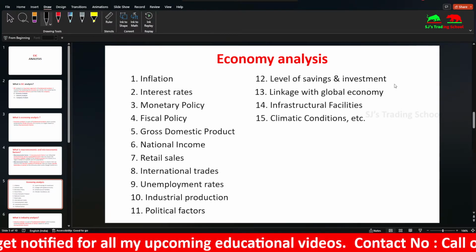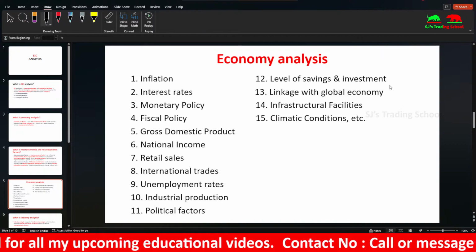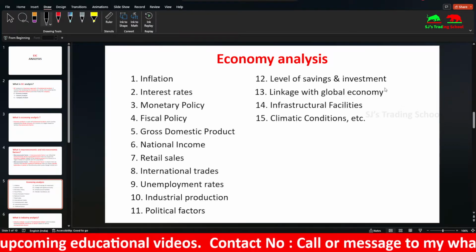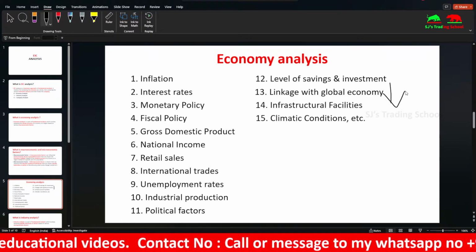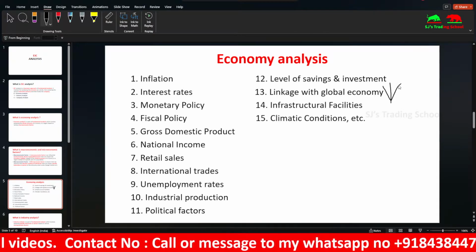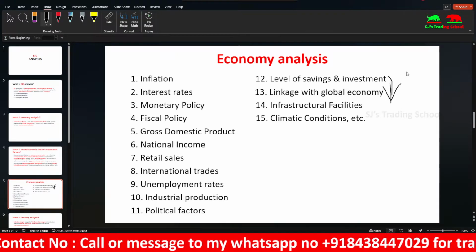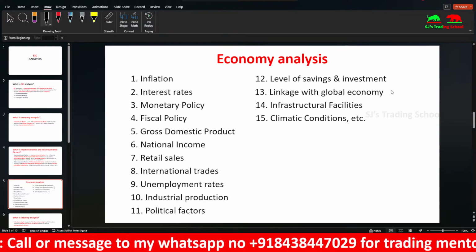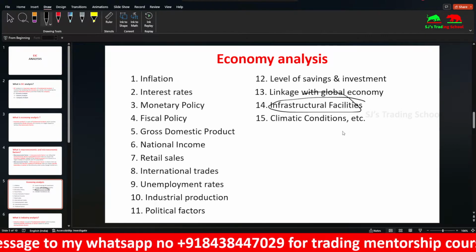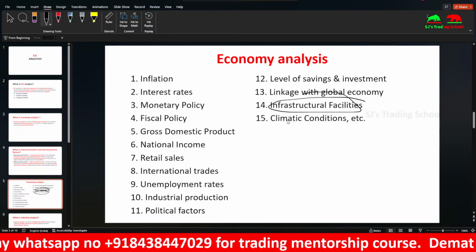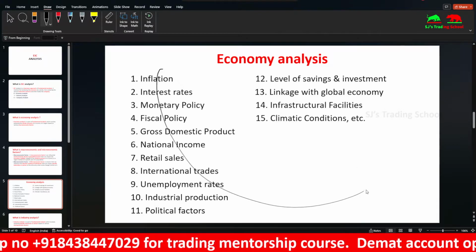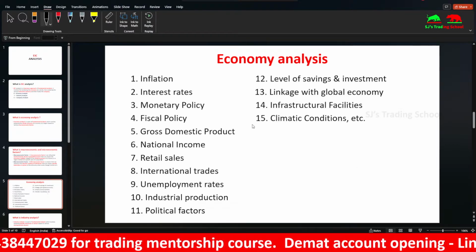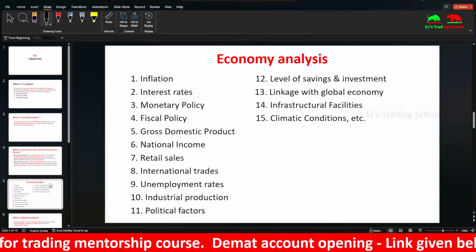For example, if our Indian economy is dependent on some other country's economy, if that country's economy falls down, then our country is also linked with that, and so it also gets impacted. So this is linkage with global economy. And then comes the infrastructural facilities available in our country and the climatic conditions. These factors are known as macroeconomic factors, which impact the whole economy.